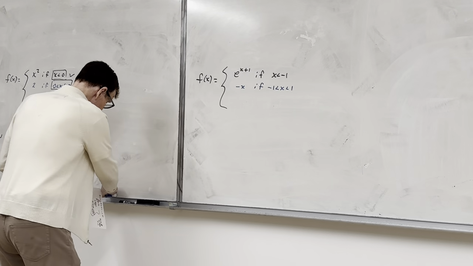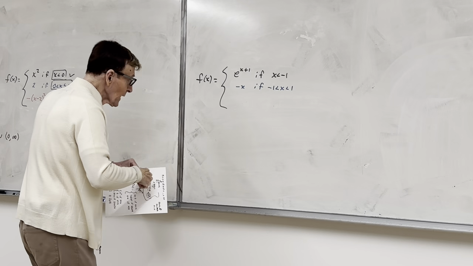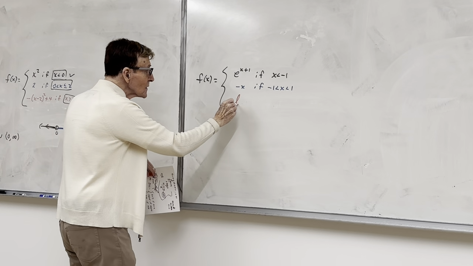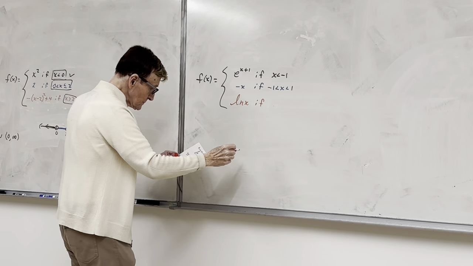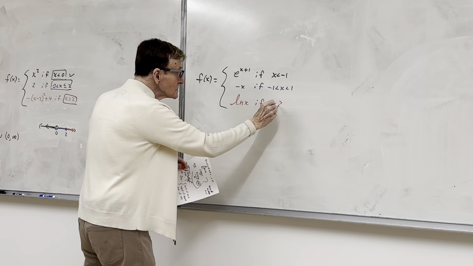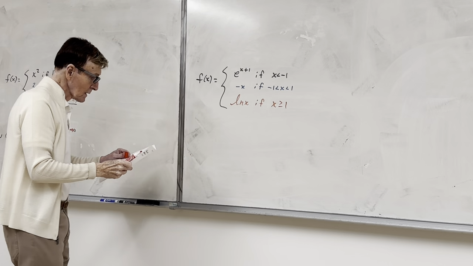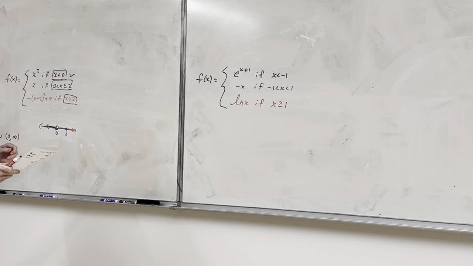And the third piece looks like this. Let me step back and make sure I have everything copied down correctly here. Looks good. Now that would be a little bit more challenging. But the pieces could contain items like that.